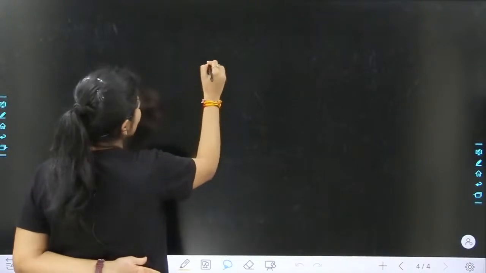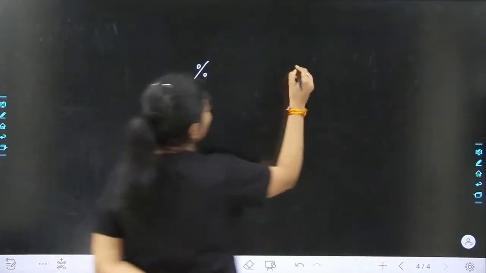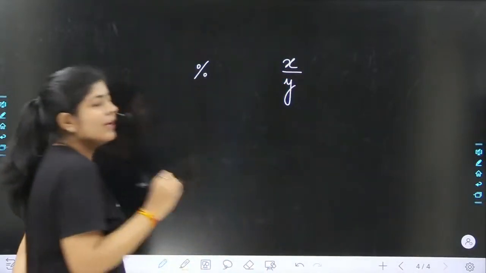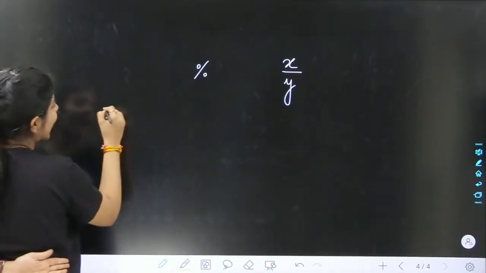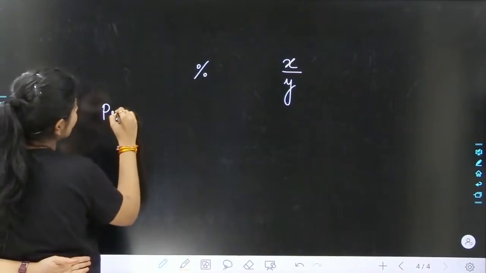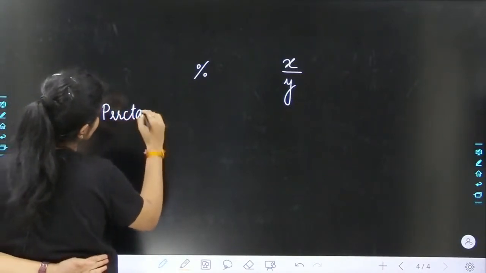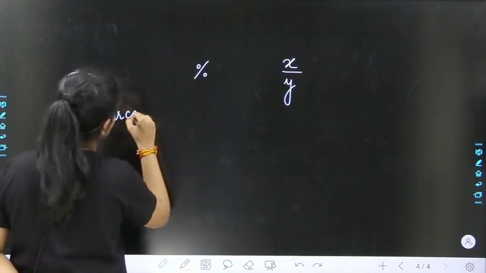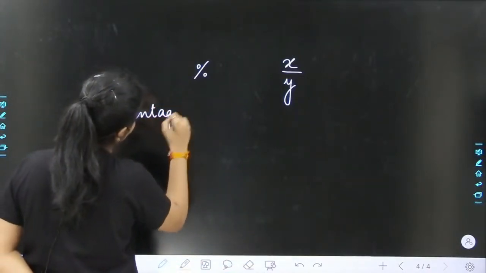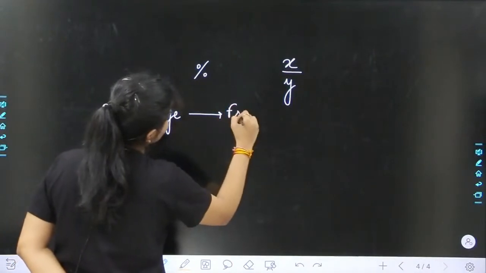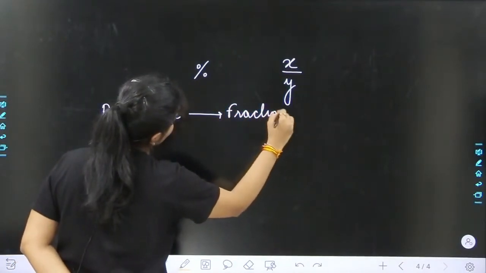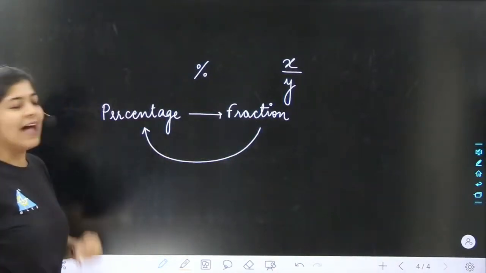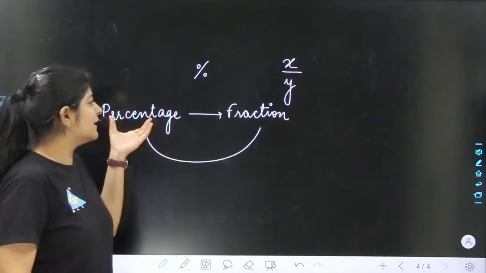The first one is this symbol, and the second one is this fraction. First we have to learn how to write percentage into fraction and fraction into percentage.